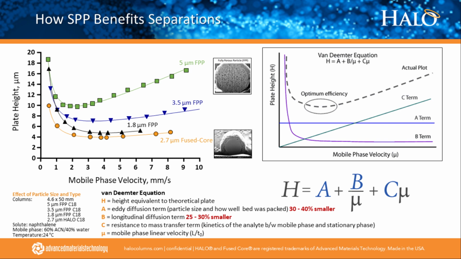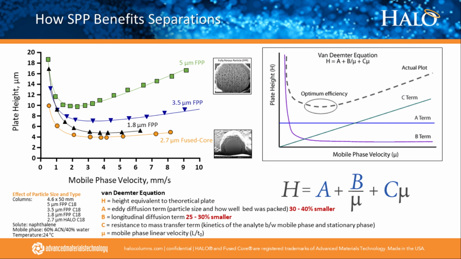Moving from the top, where you see that 5 micron FPP in the green squares, you can see as you go to the smaller particle sizes, as you would expect, you get lower plate heights. And the lower plate heights are giving that higher efficiency.